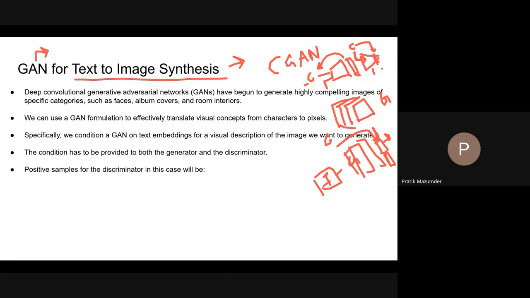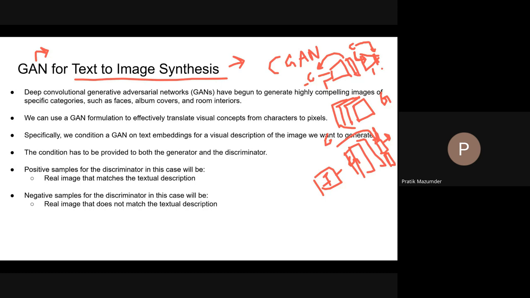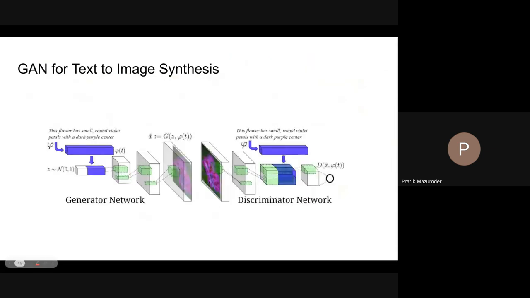Your positive samples for your discriminator will be real images that match the textual description. The negative samples will be real images that do not match the textual description, and also fake images that have been generated by your GAN. Even though a fake image matches the textual description, if the discriminator finds it to be fake, it doesn't matter, it will give you a false.